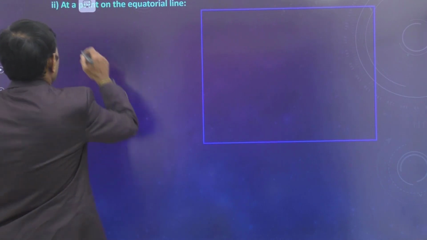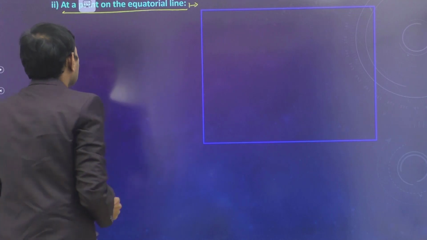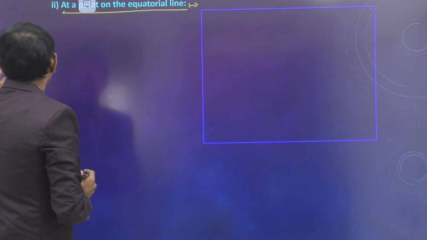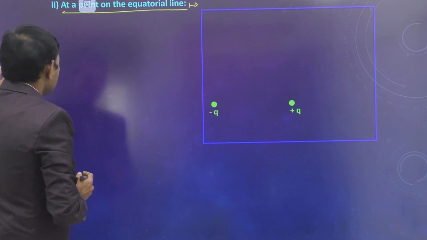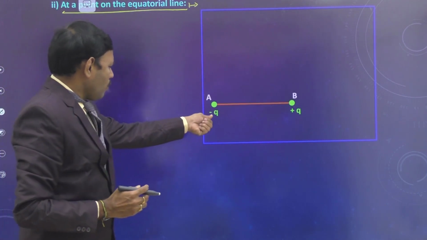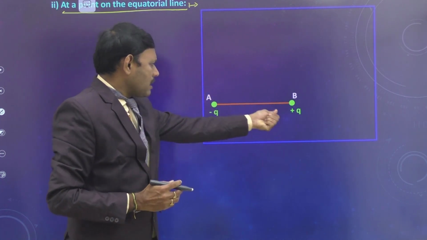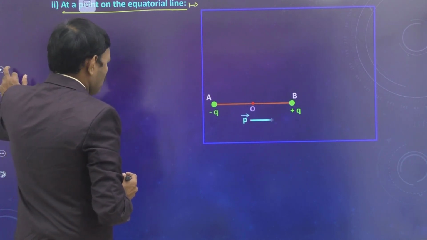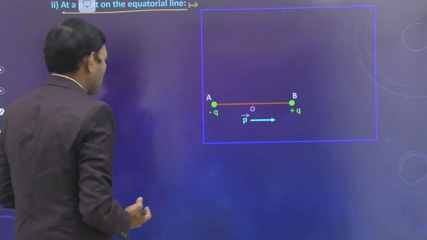Okay, next we would like to consider another case. We would like to find the electric field due to a dipole on an equatorial line, at a point on the equatorial line. Let us describe the dipole. Minus q is one charge of the dipole at A, plus q is the other charge at B. O is the center of the dipole, and P cap is the dipole moment directed from negative to positive charge.